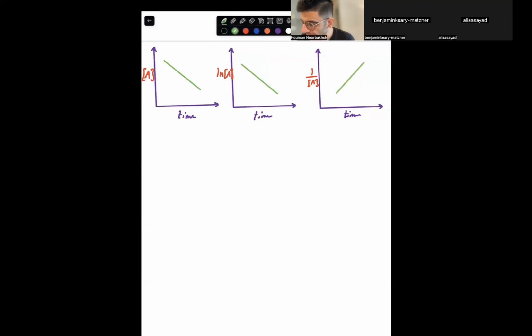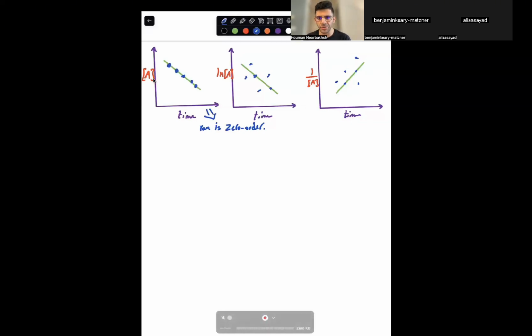So for example, if the one where you get the data points on a trend line exactly is the A over T, the first one, well, you see the other ones are like this. This indicates that the reaction is 0 order. Literally. And we're going to do stuff with this later.